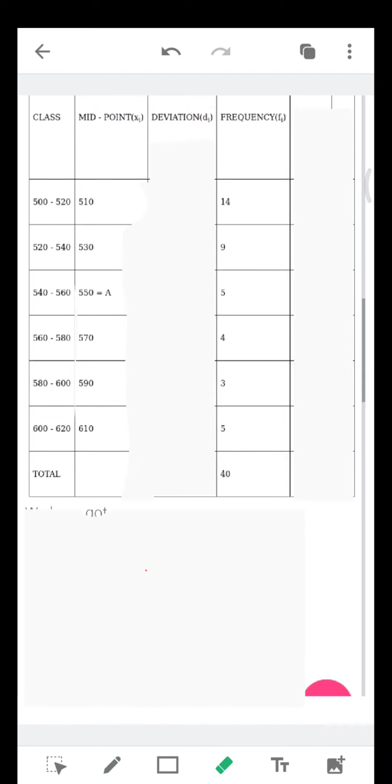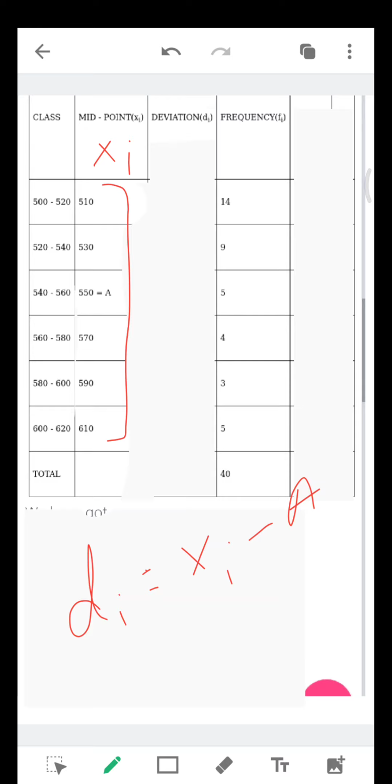Now after finding the mid values, do you remember the previous method where we did deviation? What was the formula for deviation? Deviation is xi minus a. We have xi, this is our xi column here. Then I said we should take a, that is assumed mean, from the xi column.